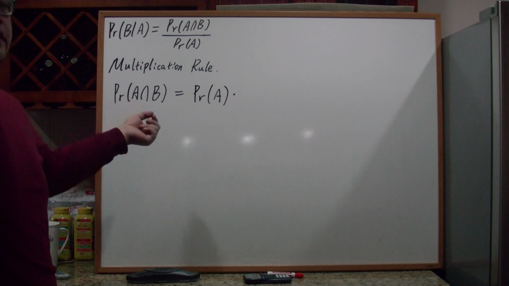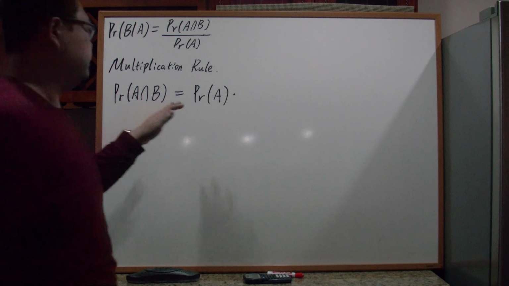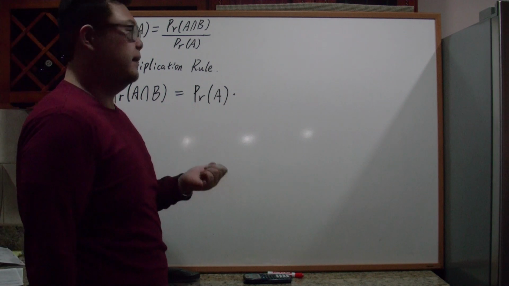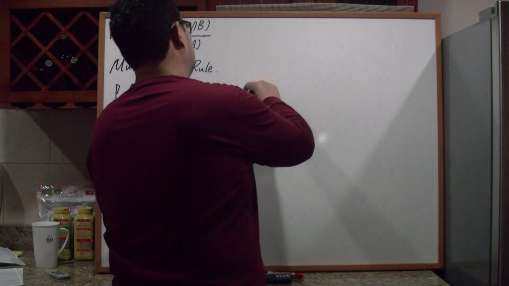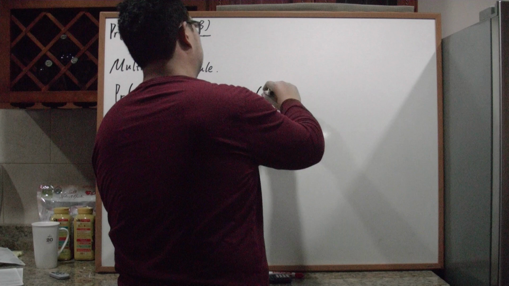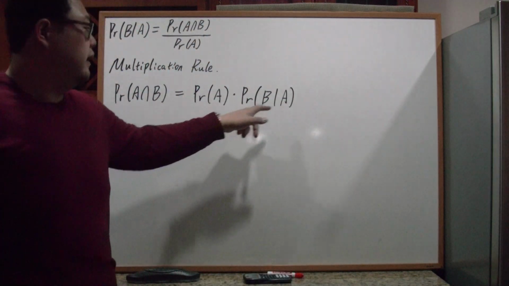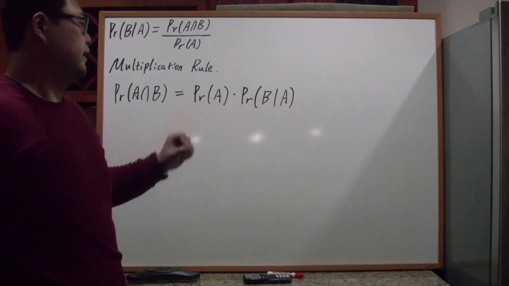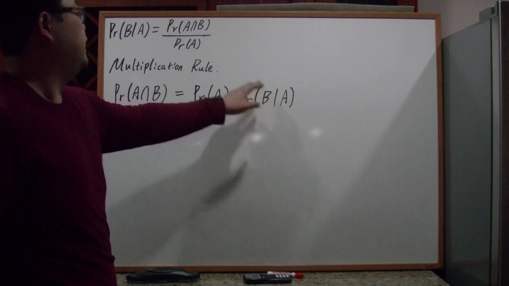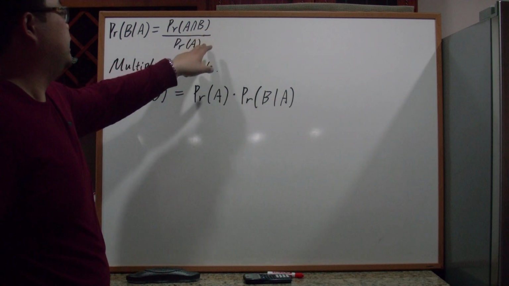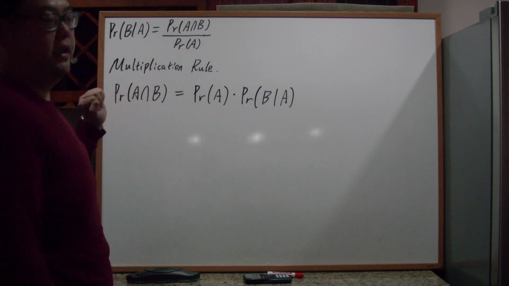When we find the intersection, sometimes the intersection is not that clear to find. Then what we can do is go step by step: what is the probability of finding A? Then, if A occurs, what is the probability that B occurs? The probability of B given A is the probability of A and B over the probability of A. We can cancel the denominator, which is the same thing here.